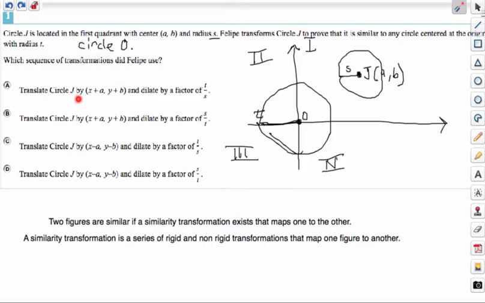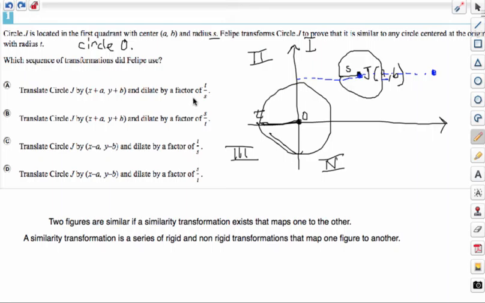Test this first series of transformations. Translate circle J by x plus a, y plus b. If we slide circle J over a units to the right, we're just going to double this length here. Right now, circle J is a units over to the right, so it's going to be, let's say, right here.